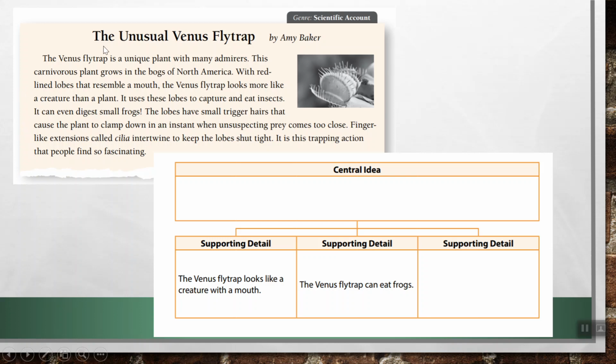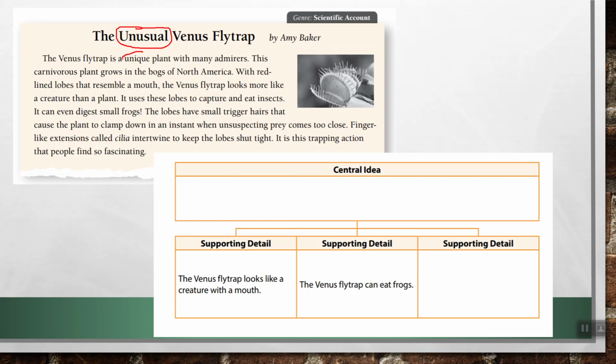In this case, our title is The Unusual Venus Flytrap. Notice the author included the word unusual. That tells me that this is something that you don't see every day. It's unusual.